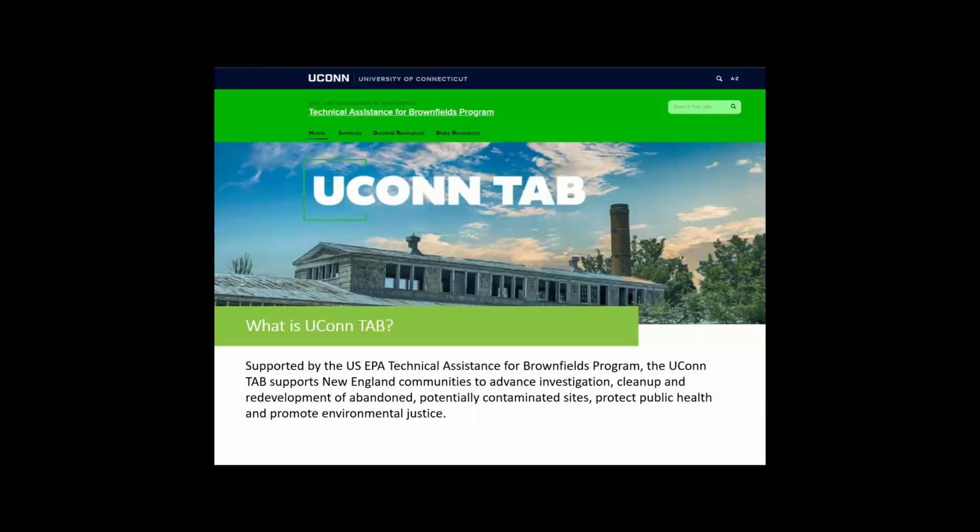So our TAB program out of the University of Connecticut, essentially we are funded by the EPA to serve all communities in New England, all 6 New England states, and help communities with their brownfields redevelopment to basically advance investigation, cleanup, and redevelopment of brownfield sites, and protect public health and promote environmental justice.